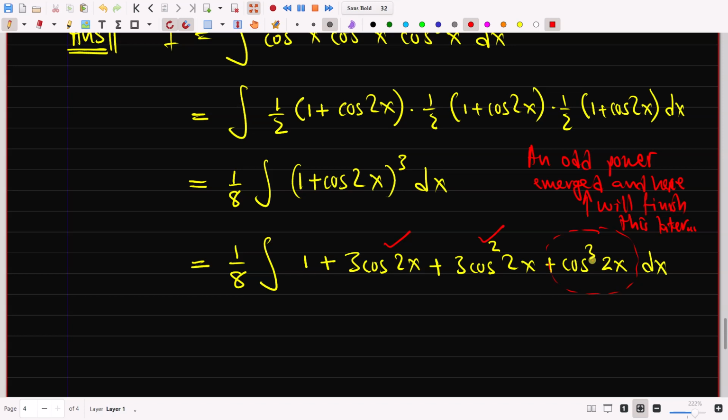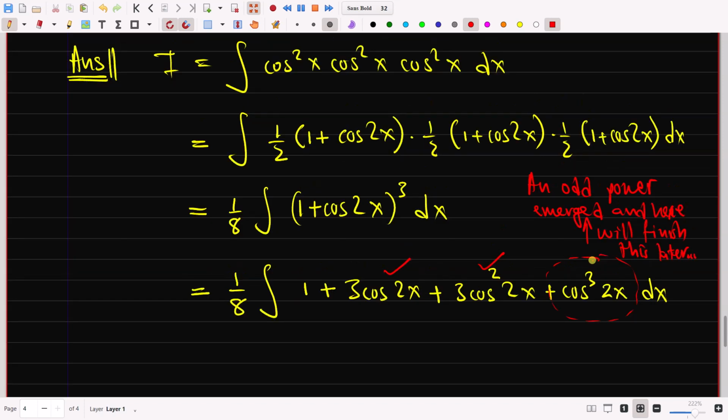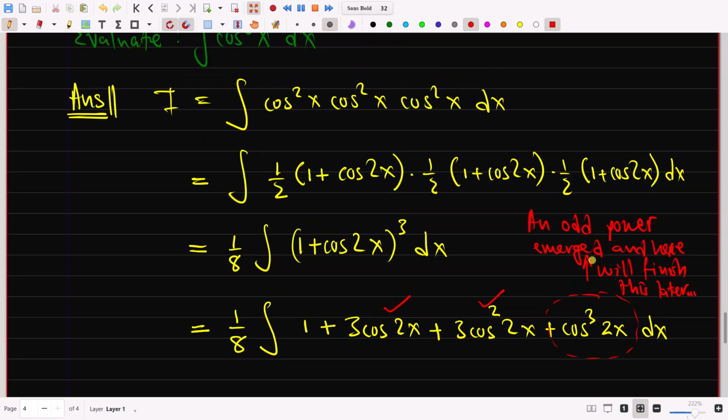So I'm surprised as to why this one actually didn't work, because most of the time when you're dealing with even powers, your half angle must always give you what you need all the time. So I'm quite surprised as to why now it pops an odd power there.